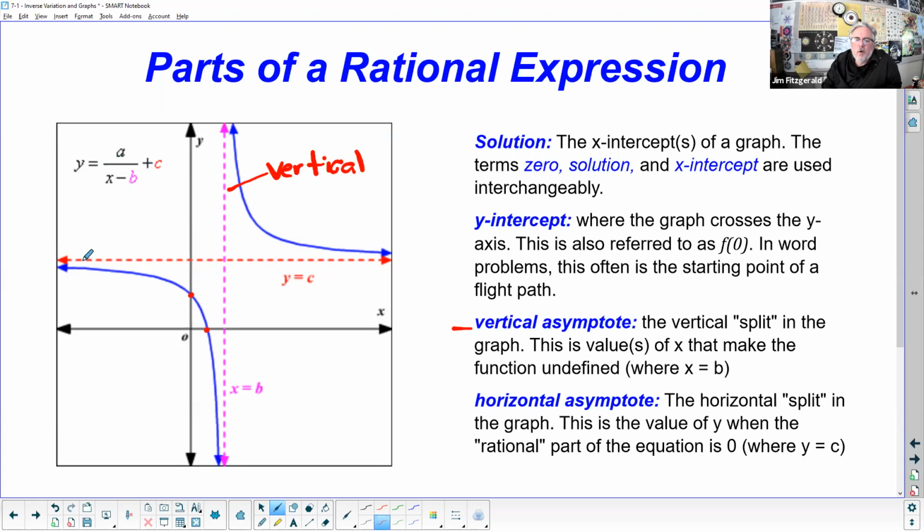And then there's also a horizontal asymptote. This is split kind of in two directions here. The horizontal one is where this rational part right here is equal to 0. Where that rational part is equal to 0, we'll have another split right there. So when that's 0, my y value is c. So my horizontal asymptote is where y is equal to c. So this is the horizontal.